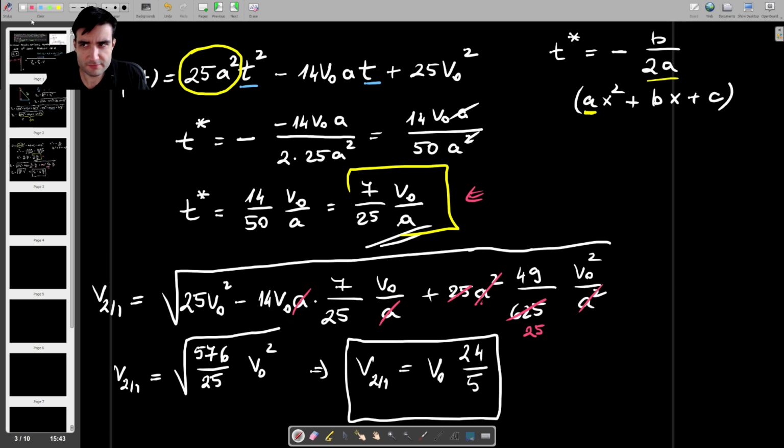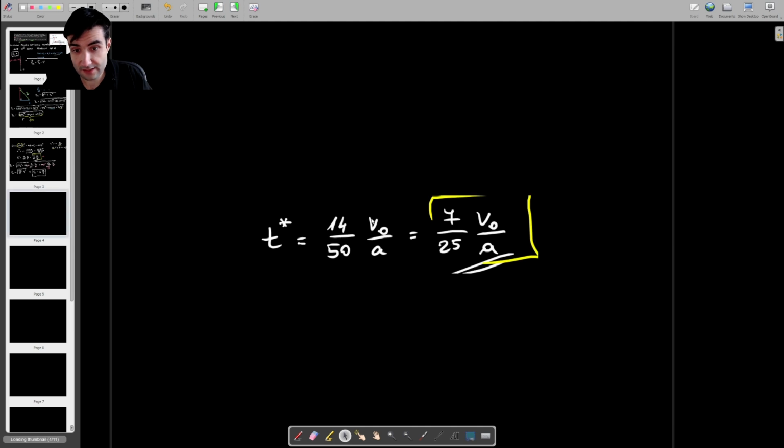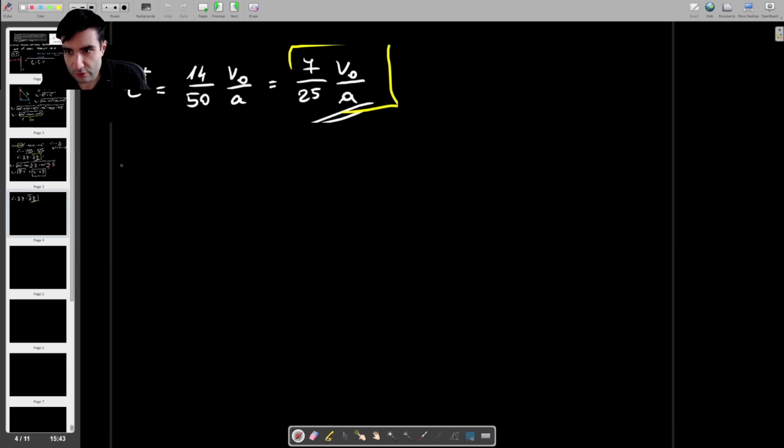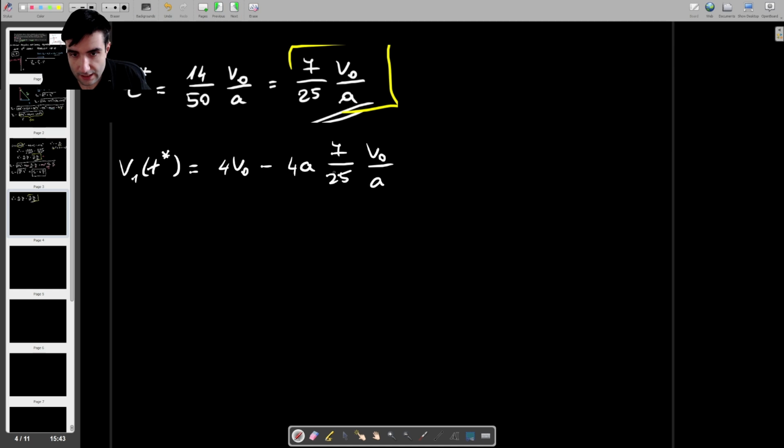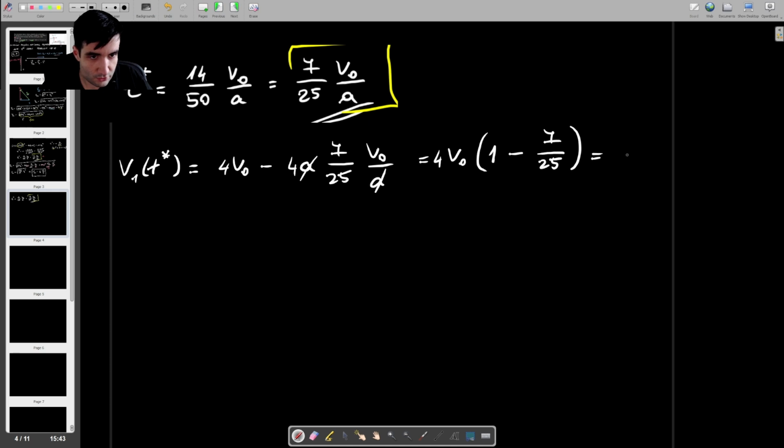And actually we can take this a bit further to have a quick look at the velocities of the two objects at that point. So we've got that the velocity of the first object at time t star is 4v0 minus 4a times 7 over 25 v0 over a, and the a's cancel, we can factorize 4v0, so 4v0 times 1 minus 7 over 25, which is 4v0 times 18 over 25.